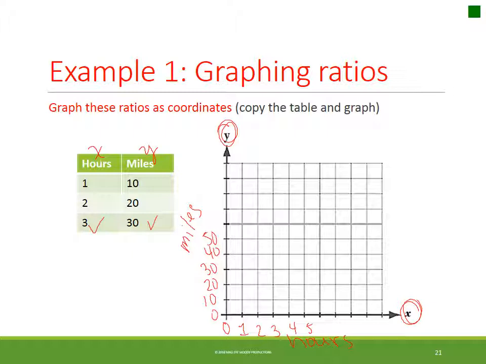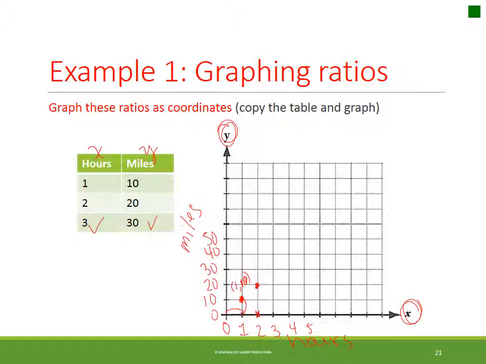So I'm going to travel 1 unit on my hour, so 1 hour, and then I'm going to go up to the 10 miles on my y. So this is the coordinate 1, 10. Now I'm going to go to the 2-hour mark and then the 20-mile mark.